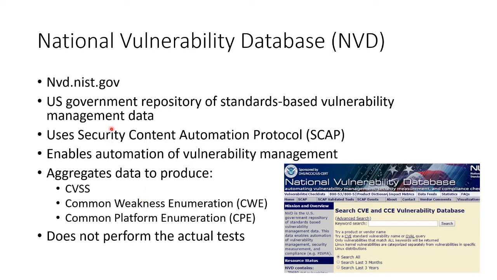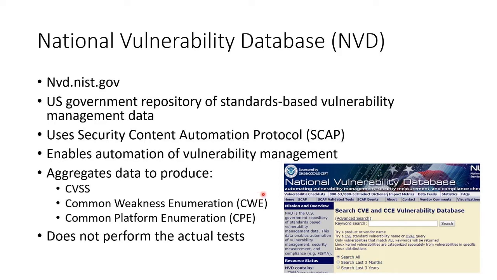So the NVD aggregates data. It will produce that Common Vulnerability Scoring System. It will produce something called the Common Weakness Enumeration, CWE, and the Common Platform Enumeration. Now, CWE refers to the general weakness of not something specific, but like the weakness of HTTP, okay? It's like the general weaknesses of a particular protocol or service or system or architecture.